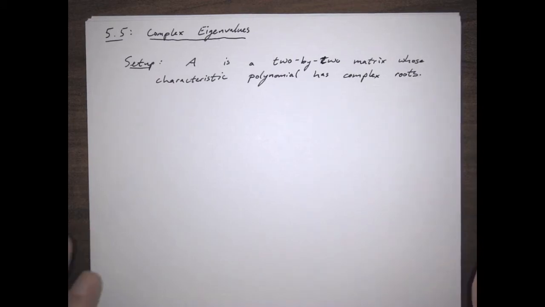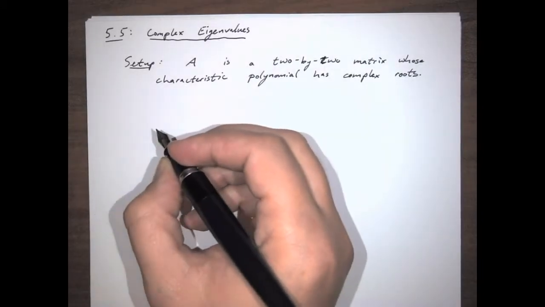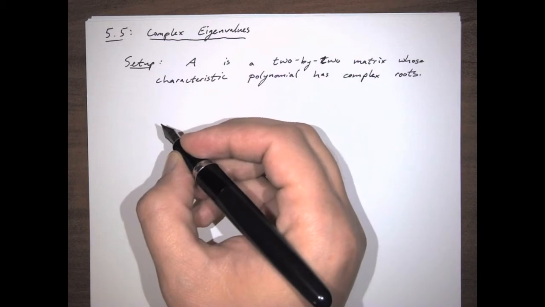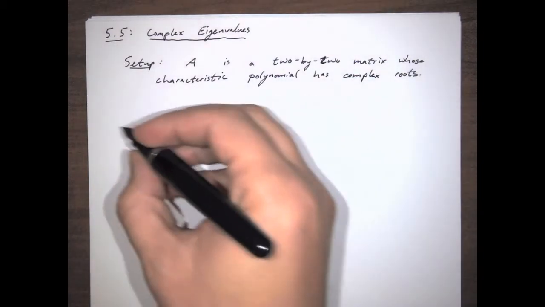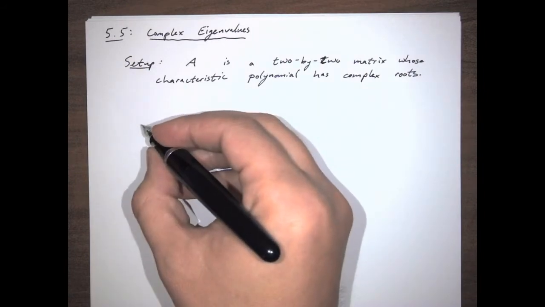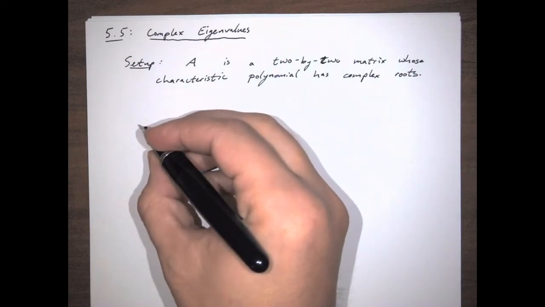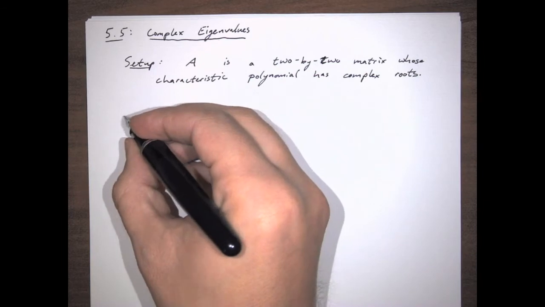Alright, so first off, we can find the eigenvalues using, for example, the quadratic formula. Then, for each eigenvalue, we can find the corresponding eigenvectors.